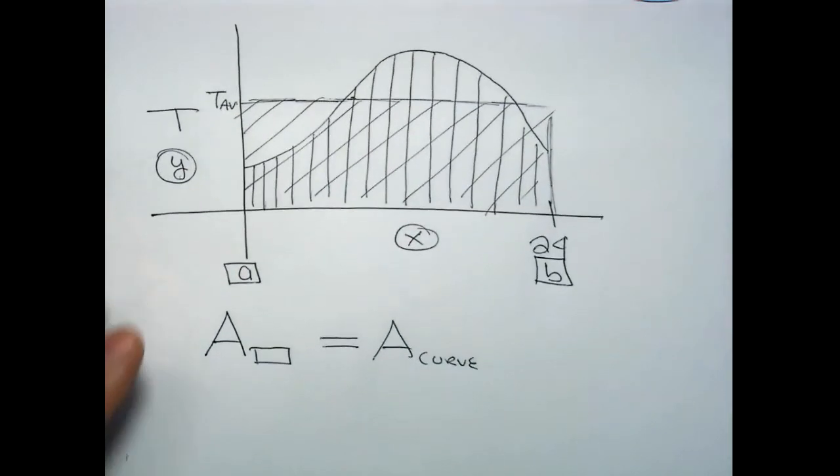It's a pretty dramatic result. The area of the rectangle and the area under the curve should be a match. So what you can imagine is calculate the area beneath the curve, we can do that with calculus, and then move that y-average up and down until you finally get a rectangle whose area matches.